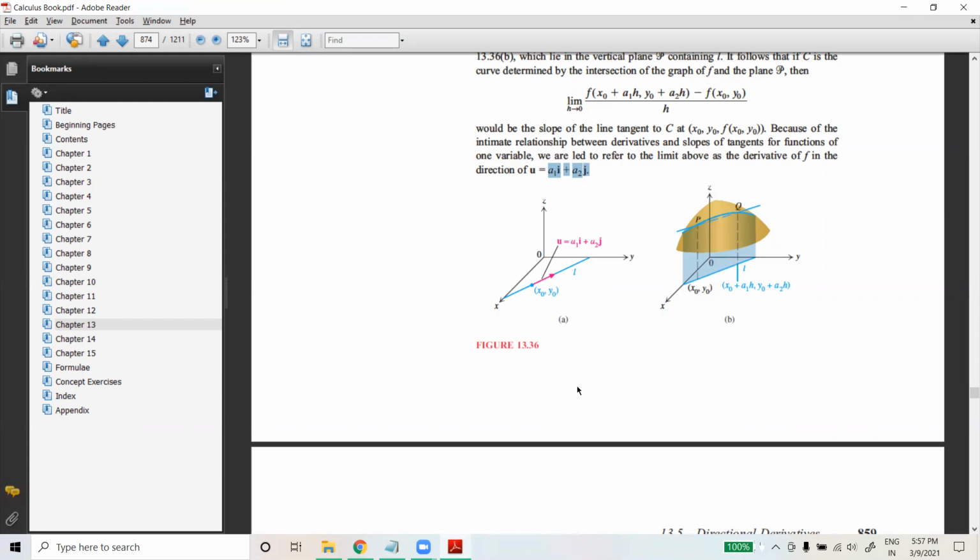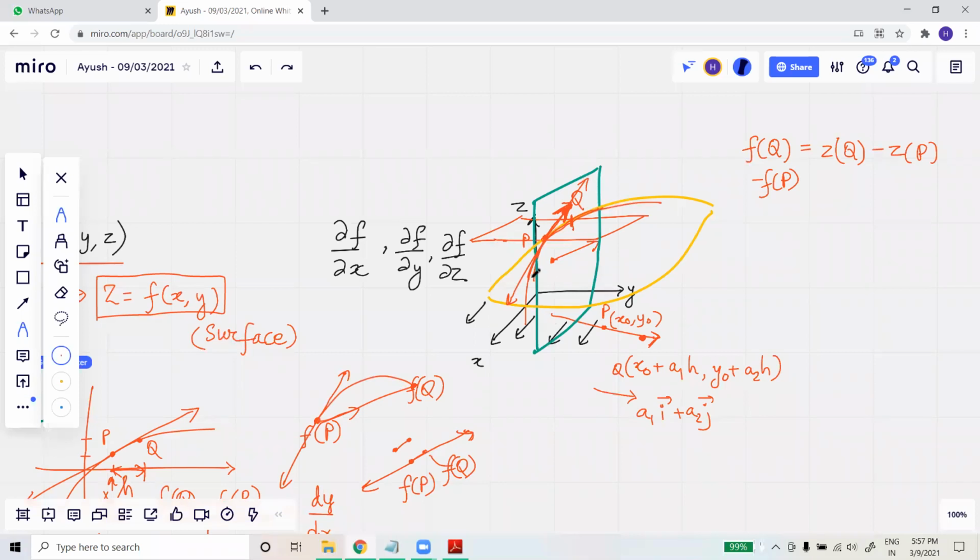So we can say that this is the derivative, and we are only saying that this is the derivative in this direction, because the derivative in some other direction will be different. If you are saying derivative in some other direction, you will go like this on the surface. This might be q dash.